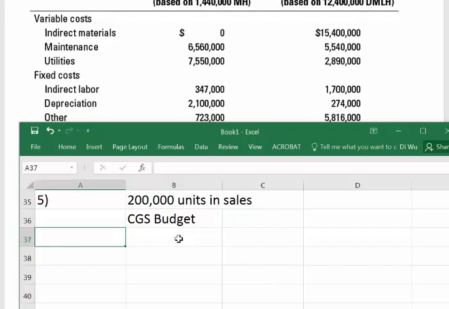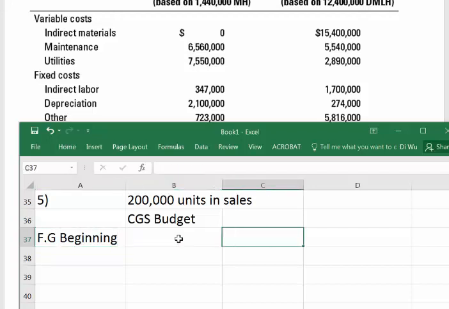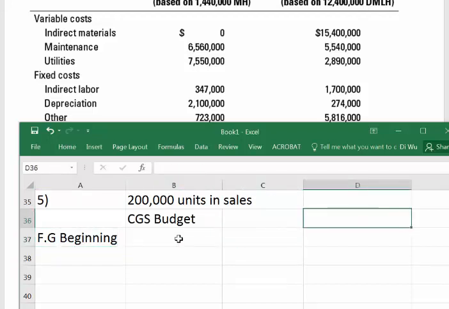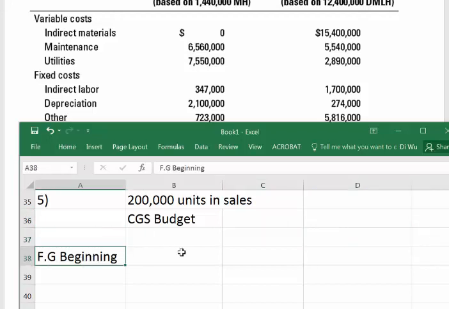The CGS budget is going to be a kind of long process, so please be patient. I'm going to look at finished goods beginning inventory. Probably I need to move this down here.